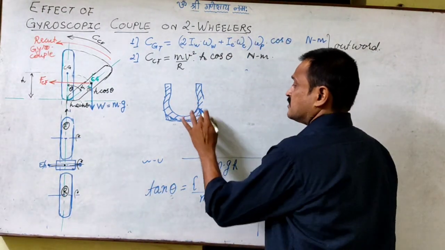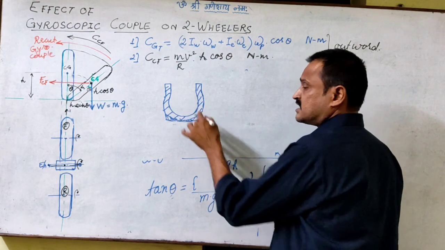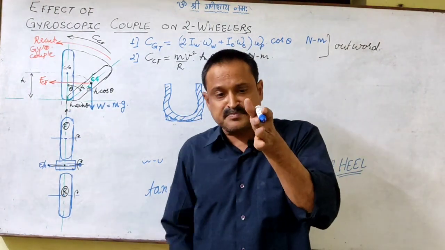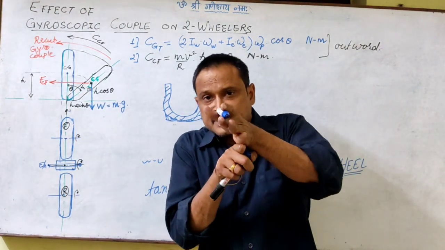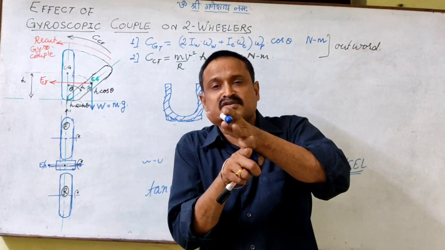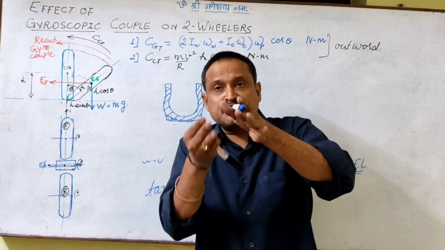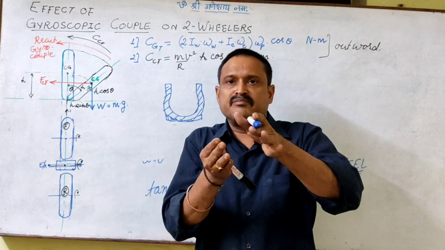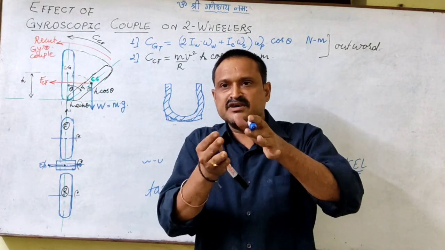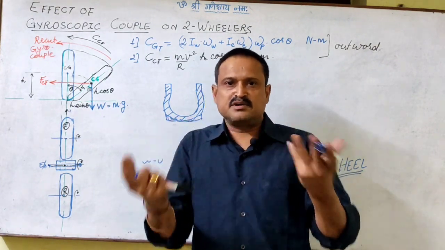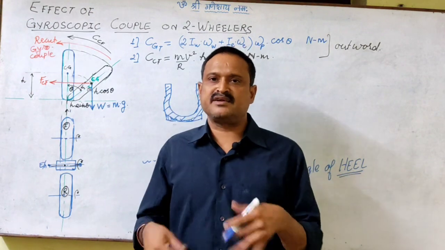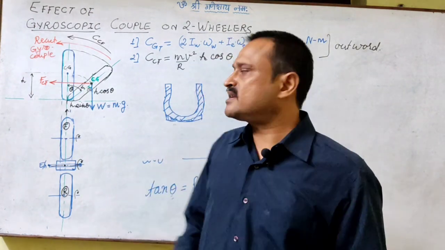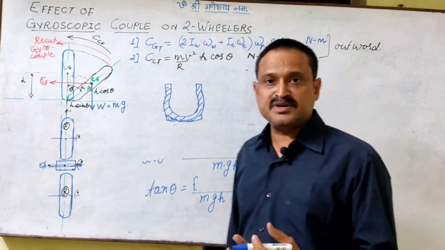But in these conditions, if I am increasing the speed, what is happening? The angle of heel is also increasing for the compensation, because I will be requiring more moment due to the weight. So I am increasing that length, because weight I cannot change. Whatever weight of the rider and the vehicle is there, that has to be constant.